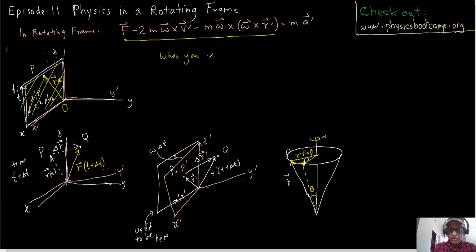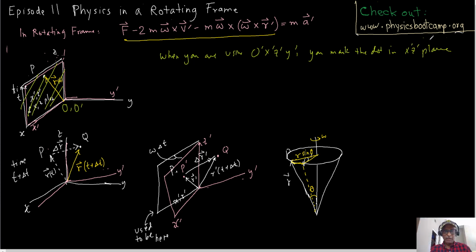In the x prime, z prime plane, you mark the dot with P prime. So your P prime is kind of fixed where it is, okay? Right? It's in the xz plane.